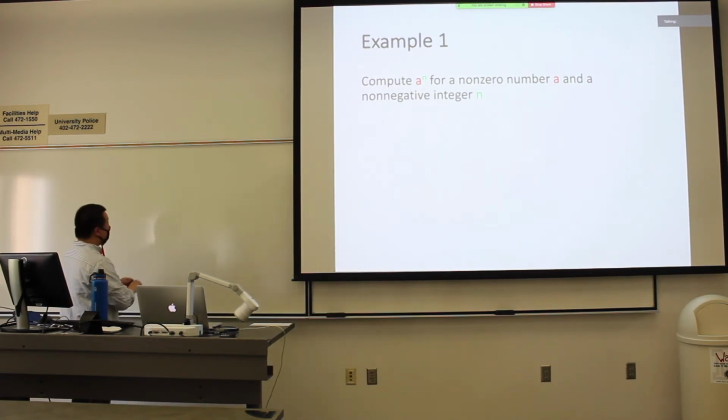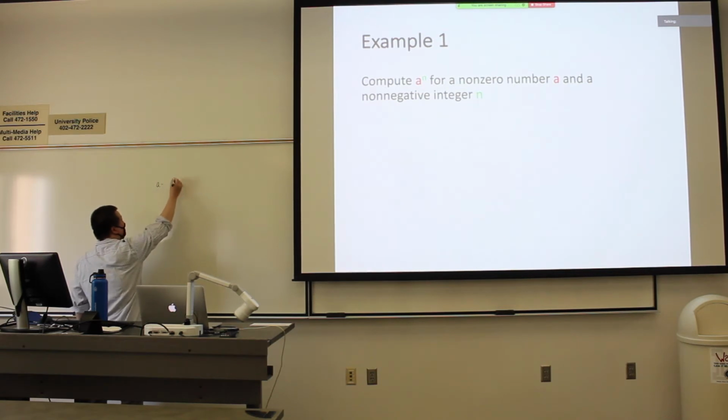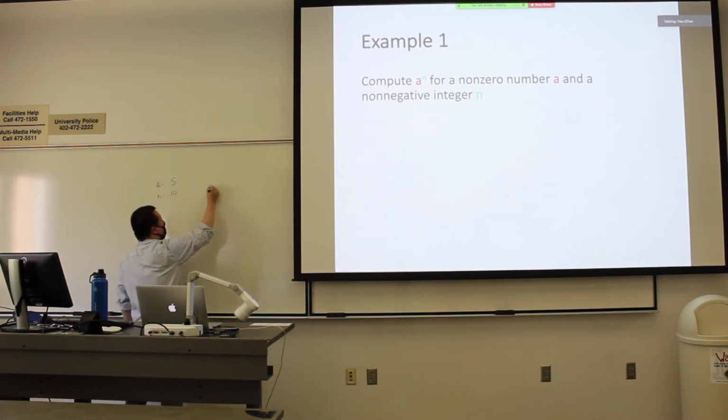Okay. So imagine that you have a equal to say 5, and n is equal to say 10. And the question here is, I want to compute a to the n, which is 5 to the 10.